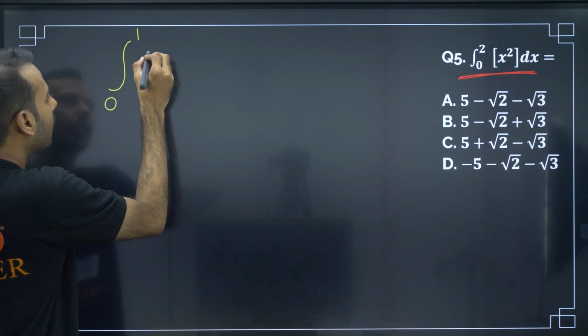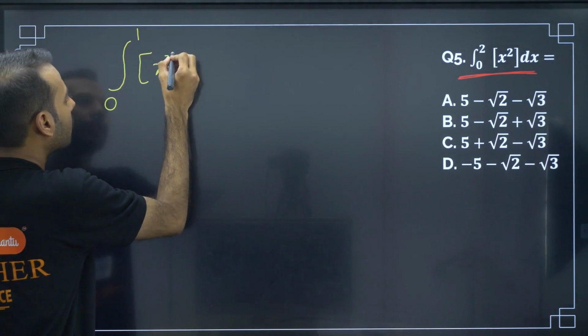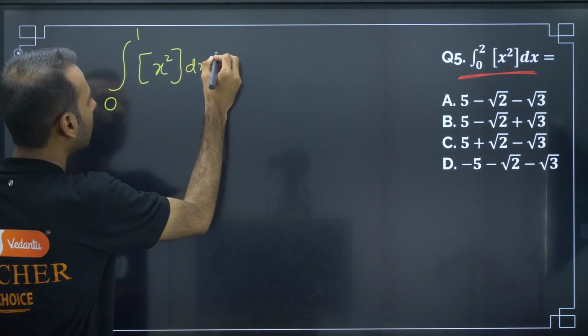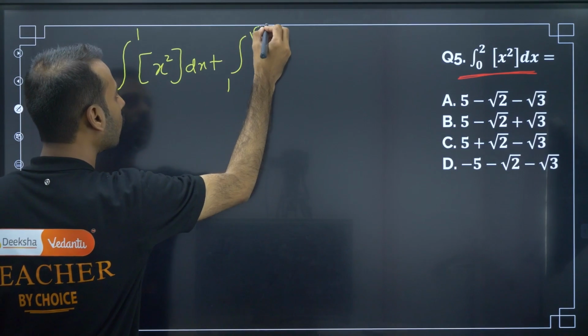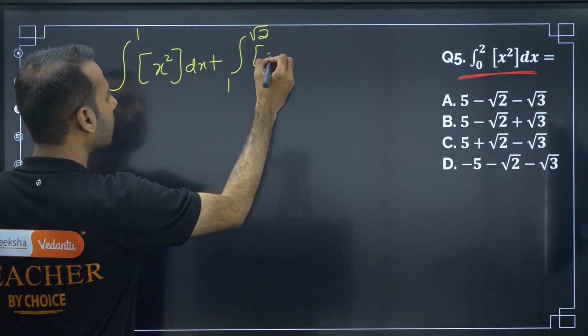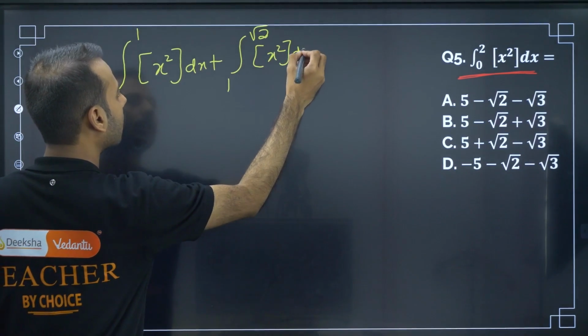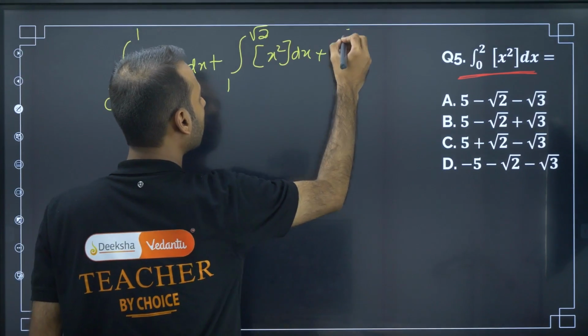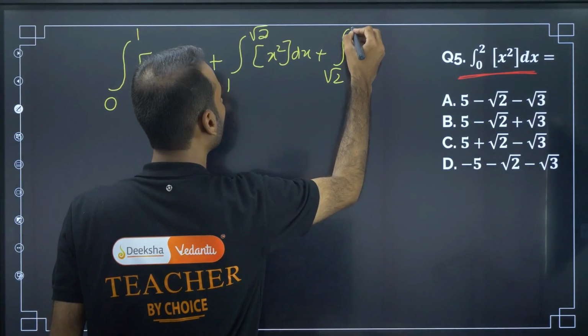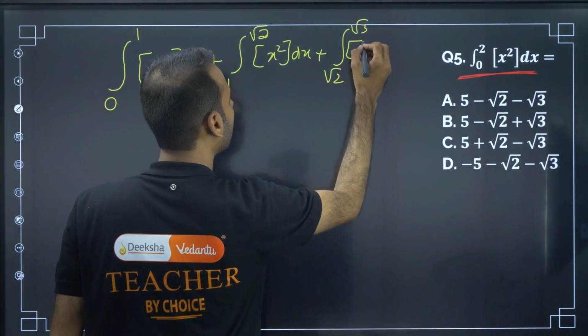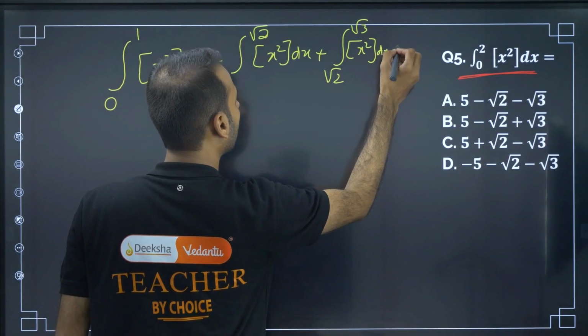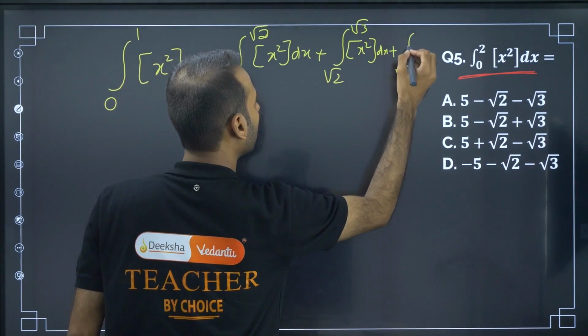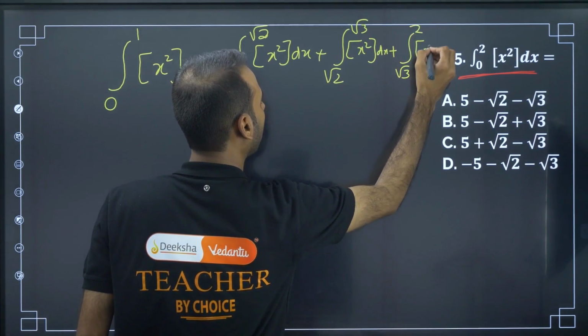So let me split in this way: 0 to 1 x square dx plus 1 to root 2 x square dx plus root 2 to root 3 x square dx plus root 3 to 2 x square dx.